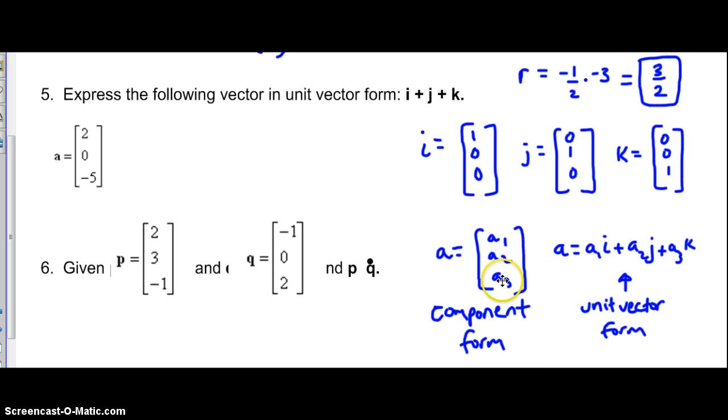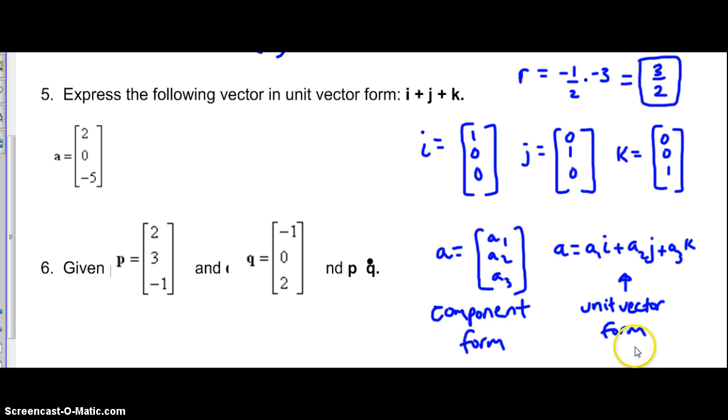This is what we've been talking about up until now, but you probably remember the unit vector form from last year. What you do is you take each component and multiply by i for the x, so a would be equal to a1 i, plus a2 j, plus a3 k. So the x component gets multiplied by i, the y component gets multiplied by j, and the z by k.